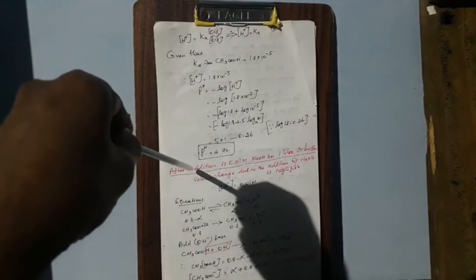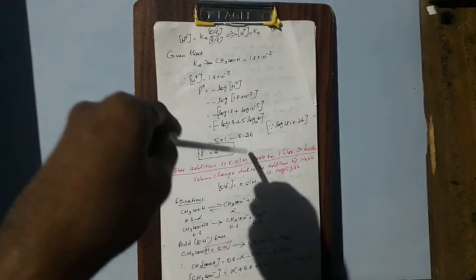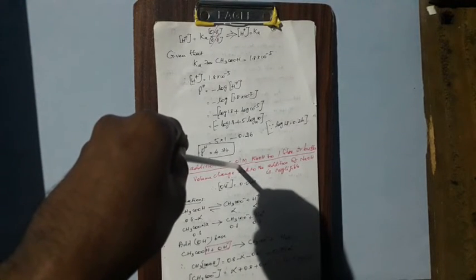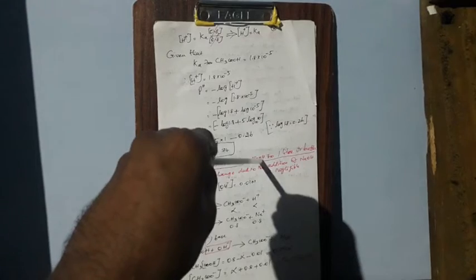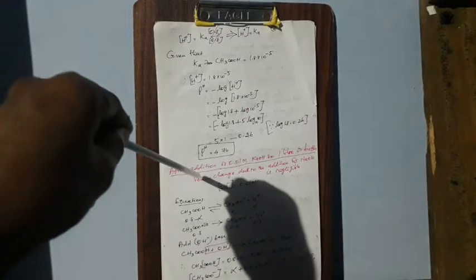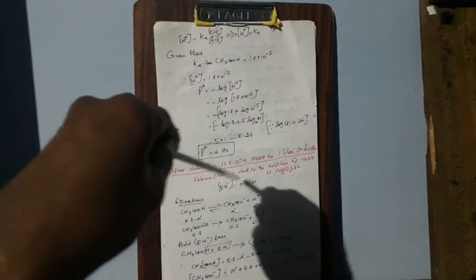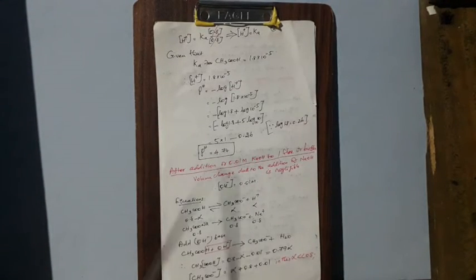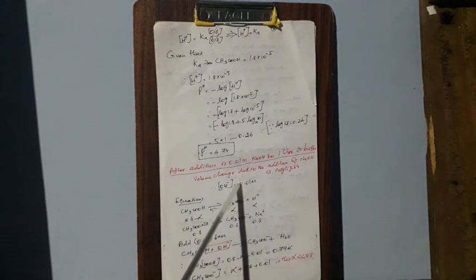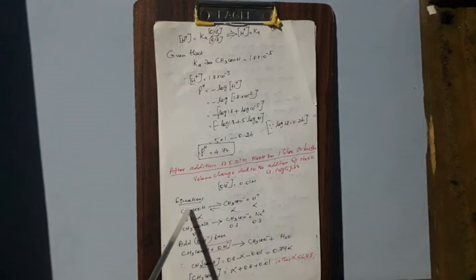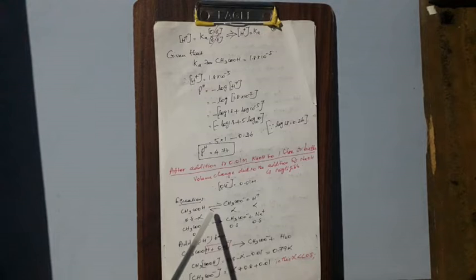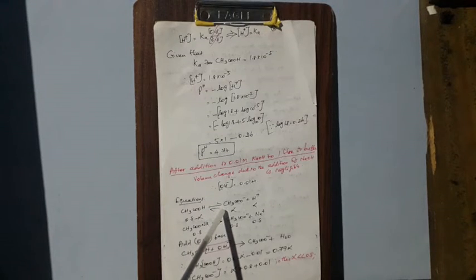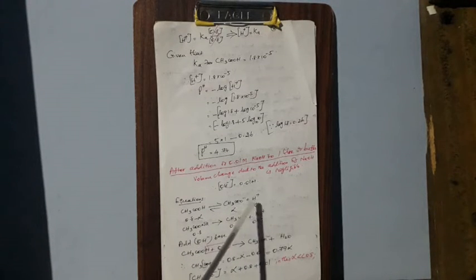After addition of the base, that is 0.01 mole of NaOH to 1 liter of buffer solution, the volume change due to addition of NaOH is negligible. So OH minus concentration is equal to 0.01 mole. We already have the equation: CH3COOH in equilibrium with CH3COO minus and H plus.